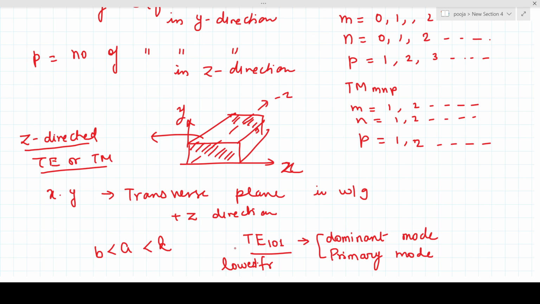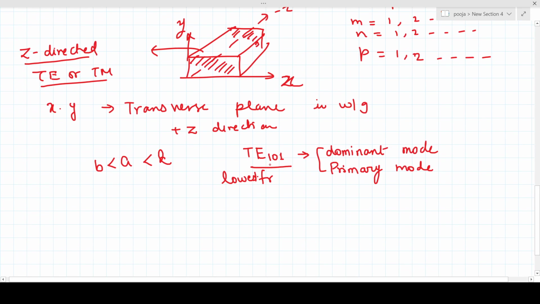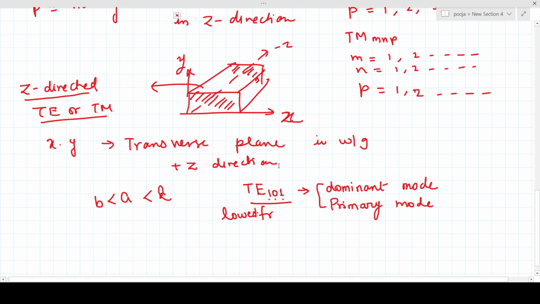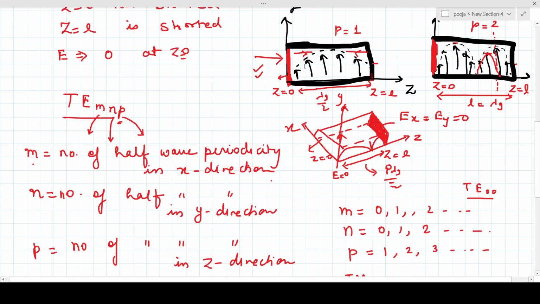Let's see what TE101 means. The number of half wave variations along the x-axis is 1, along the y-axis is 0, and along the z direction is 1, which is the case p equal to 1, the first case that we saw. In this case, we have one standing wave pattern along the z direction.